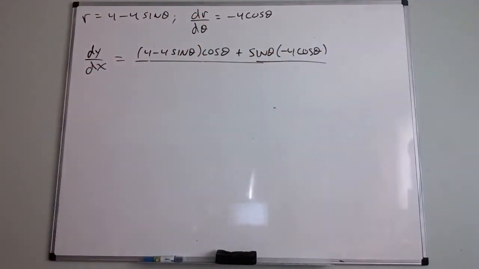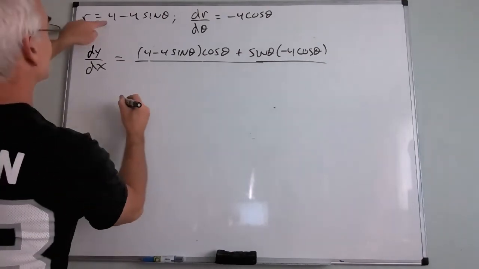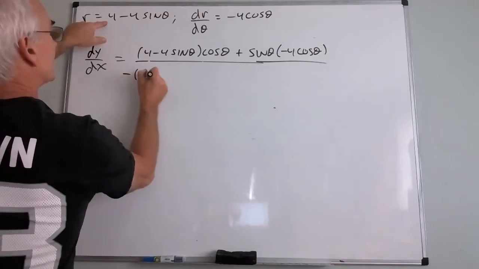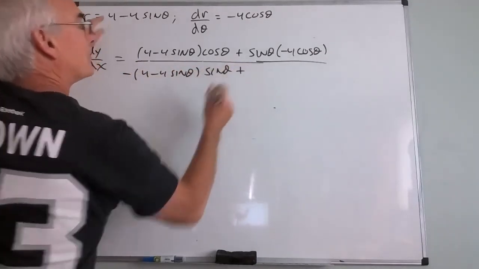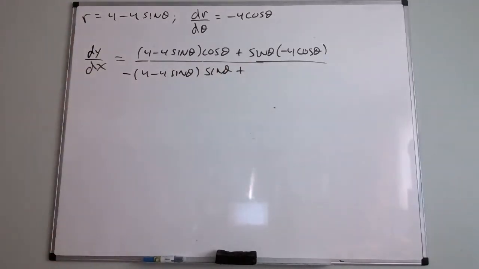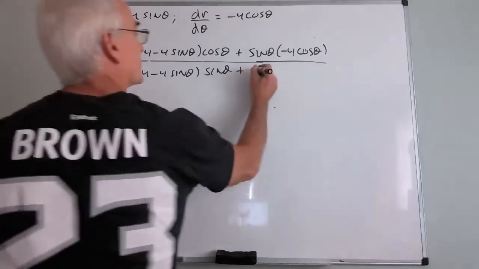Now on the bottom, I'm going to have the negative of r sine, so negative 4 minus 4 sine theta, then of course plus the cosine times the derivative. You're going to see lots of sine squareds and cos squareds. Plus cosine.